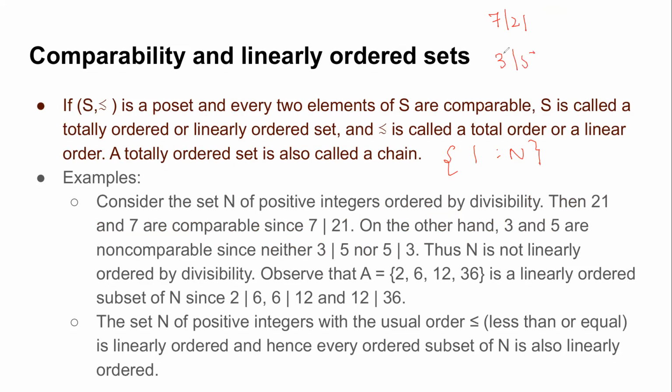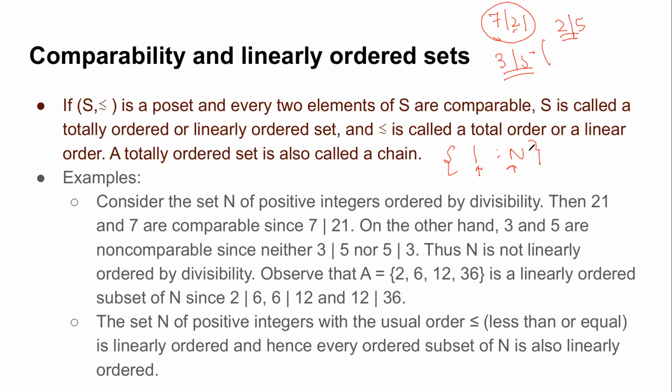I'm just taking natural numbers randomly. Similarly, 2 does not divide 5. So if I take divisibility as a relation on natural numbers, there are some numbers which are related or comparable, but there are certain numbers which are not related. So such an ordering is not a total order, because all elements are not comparable.